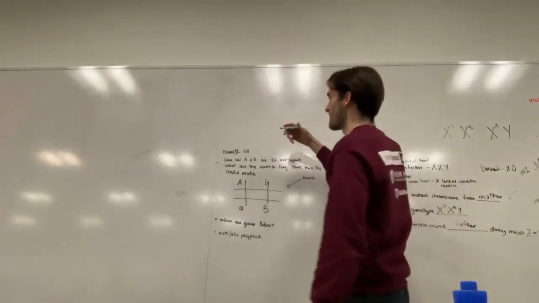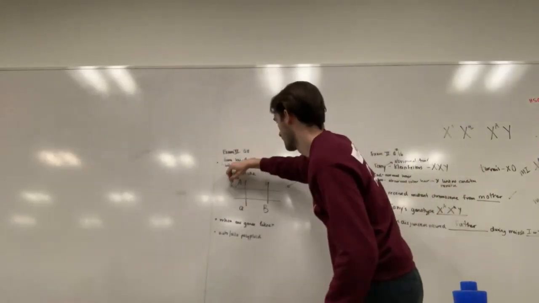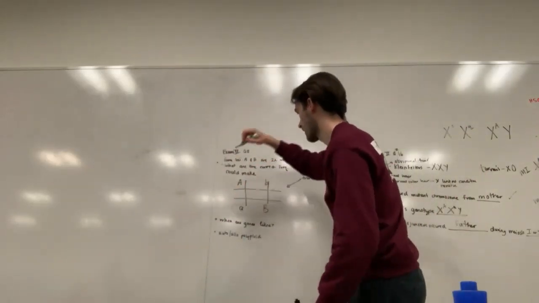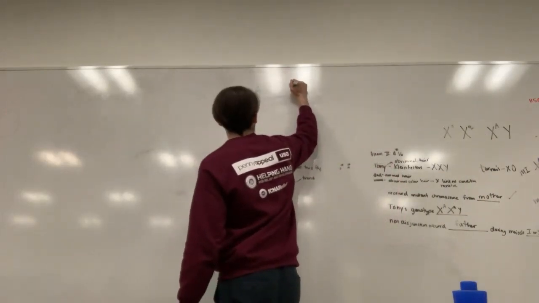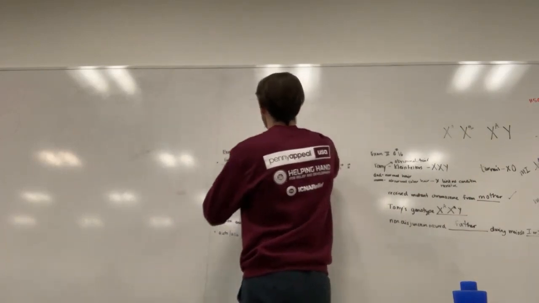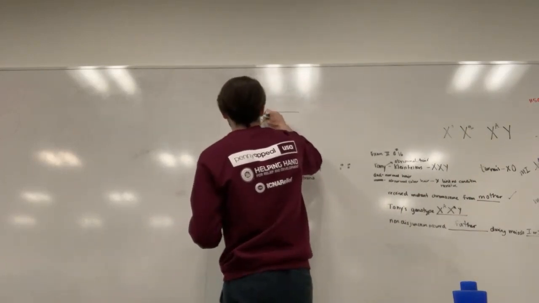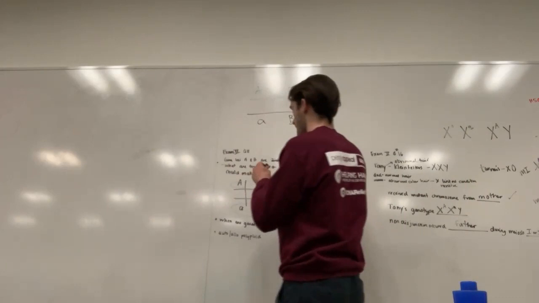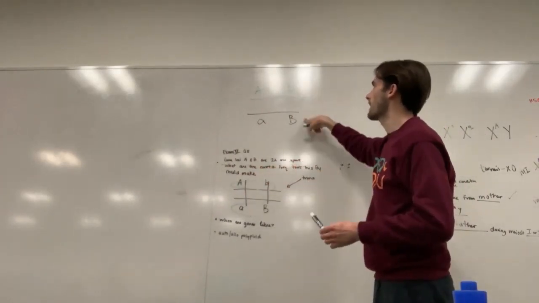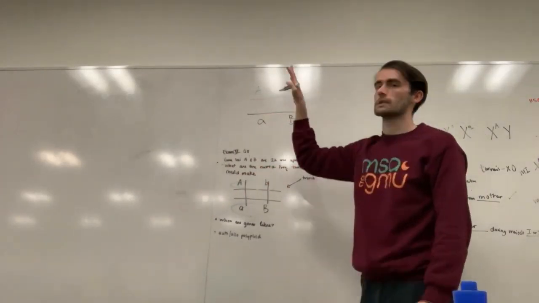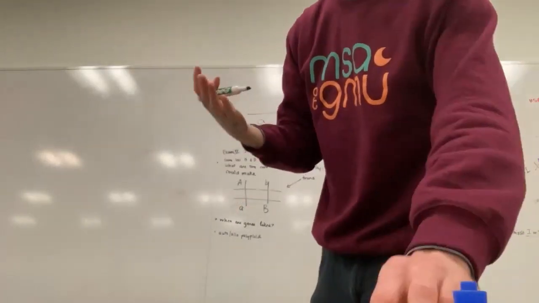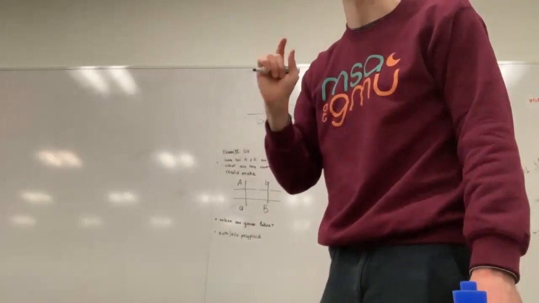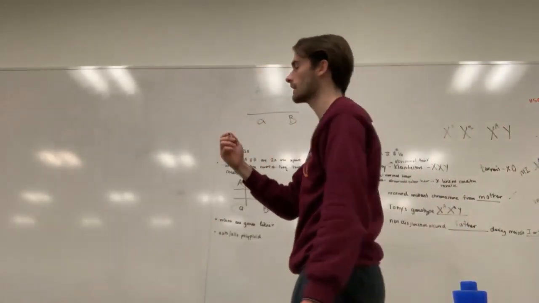If you have this parent, capital A, lowercase b, crossing with lowercase a, capital B, when these two mate they could produce offspring with specific configurations of alleles.